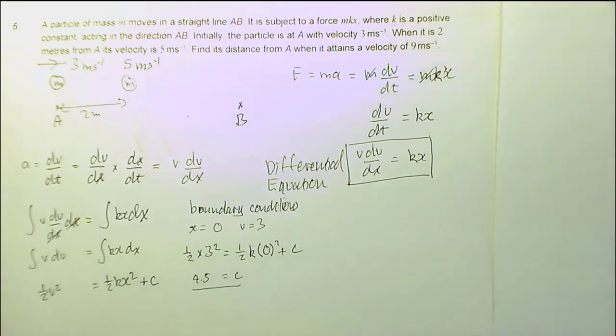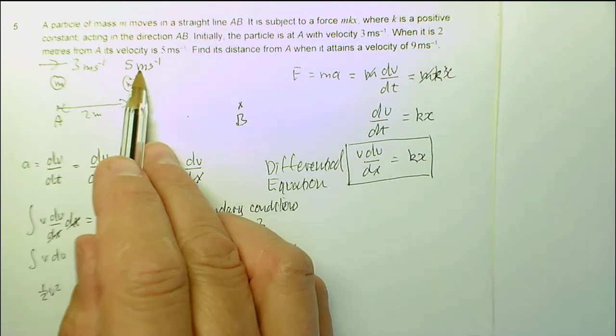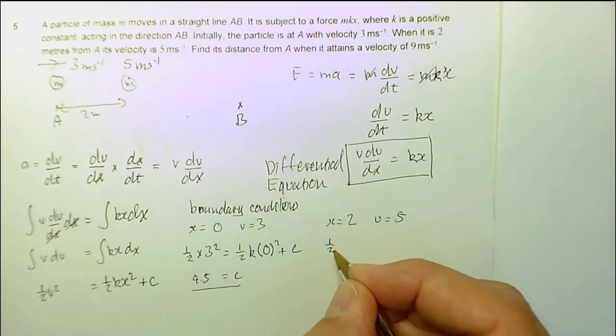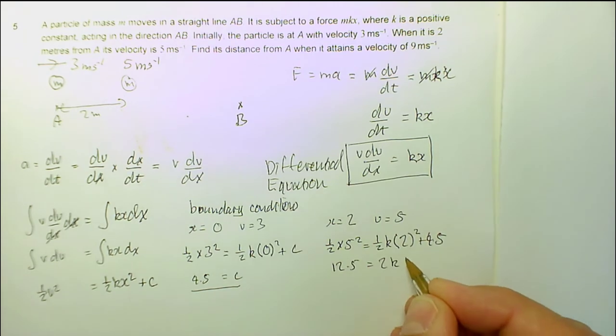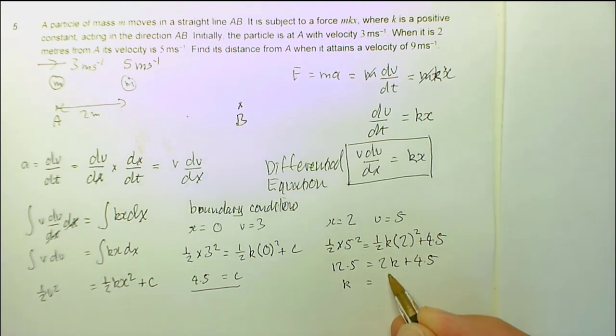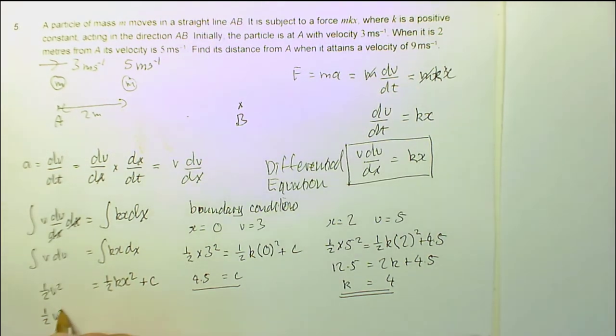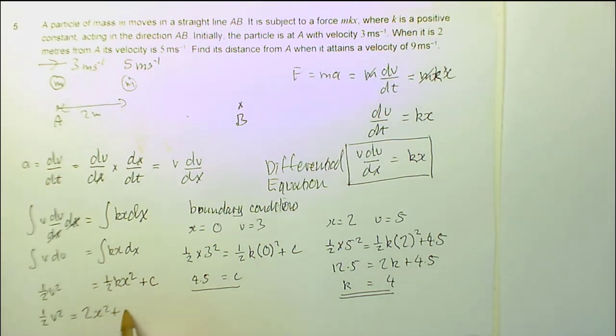Great. We also have another boundary condition at 2 meters. 2 meters displacement, we have a velocity of 5 meters per second. Sub it in again. That gives us, oh look, 12.5 is 2k plus 4.5, 2k is 8, k is 4. So this whole equation here becomes 1/2 v squared equals half of k, that's a half of 4, 2x squared plus 4.5.